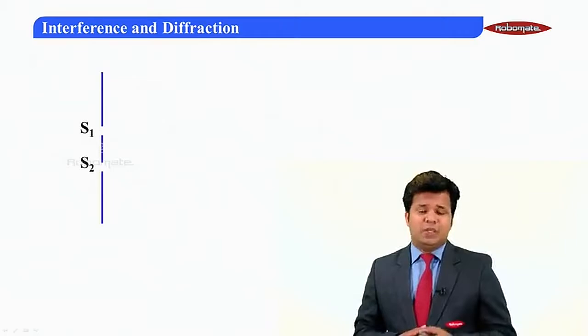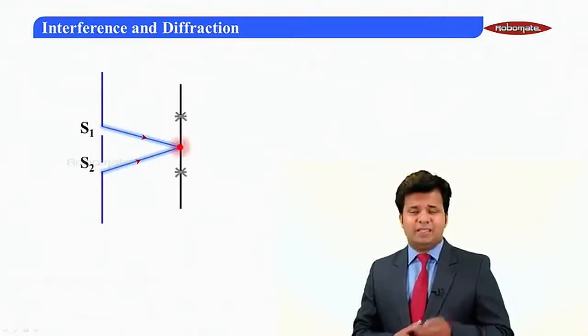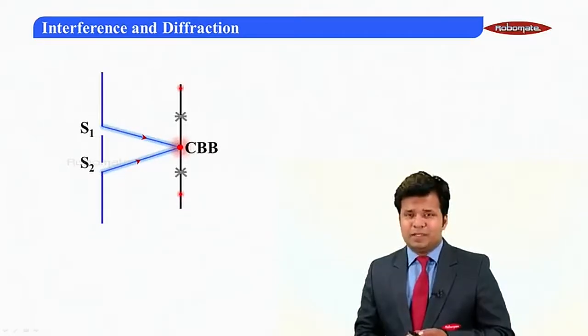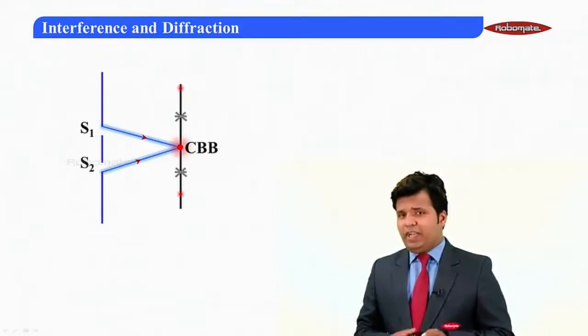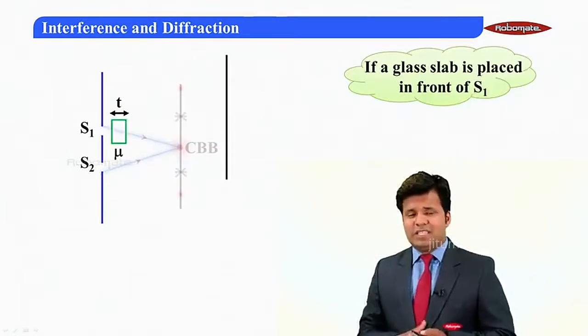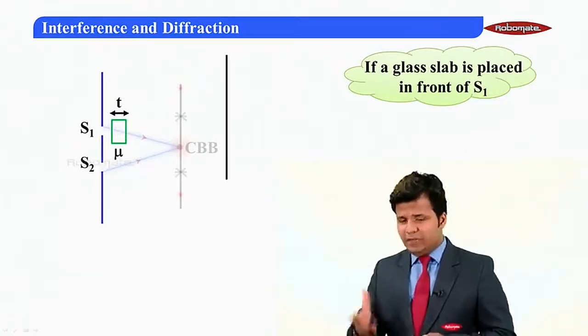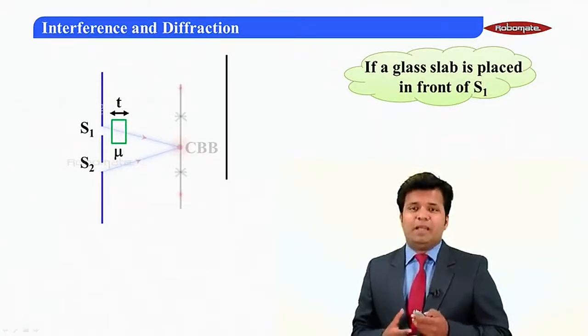So, students, you can see there are two slits here and it is creating an interference pattern just as shown in the figure. But this is in the absence of the refracting material. Now, if I introduce a refracting material, let us say a prism of thickness t and refractive index mu in front of slit S1, how would my rays be traveling?